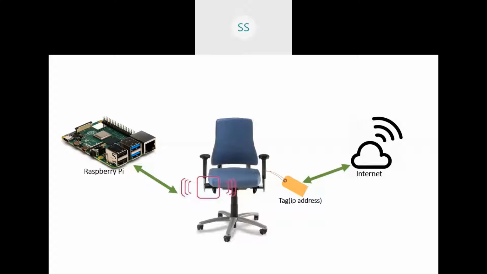So these are the two ways, sensing and actuating. These are the two functions that conventional IoT devices work on. So by sensing and actuating, I am controlling this chair and making it IoT enabled.